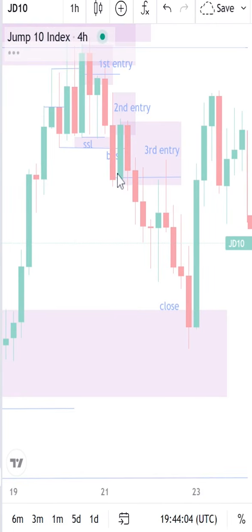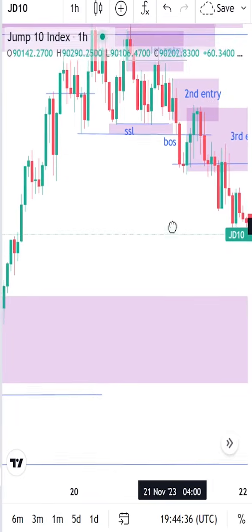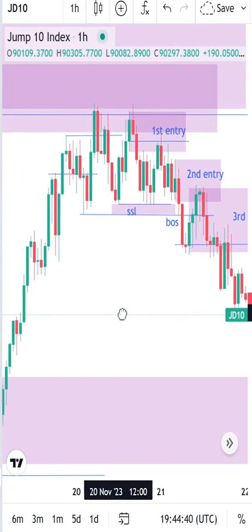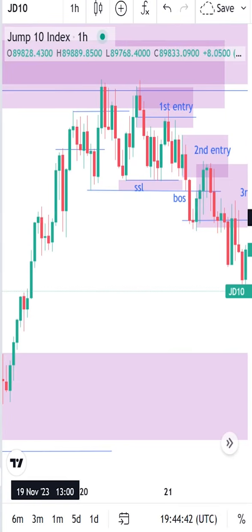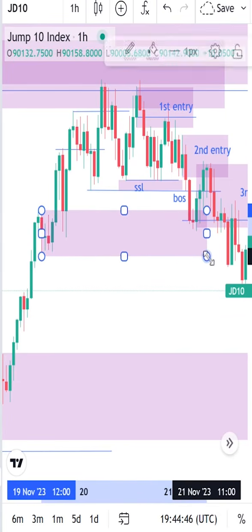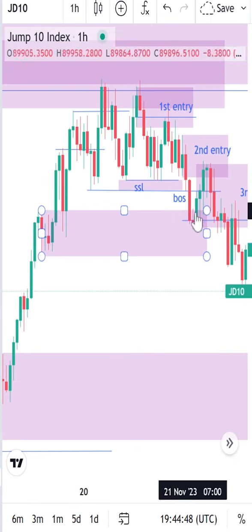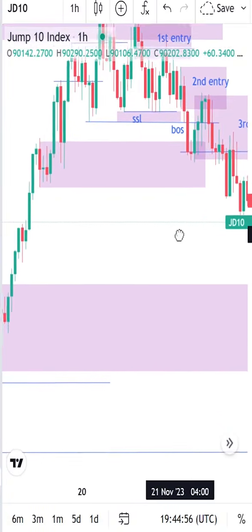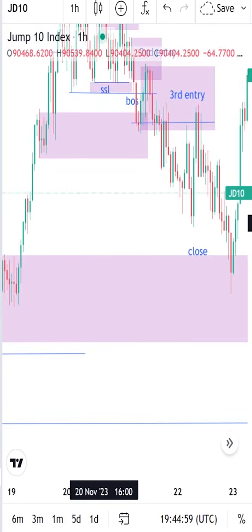Let me show you. Why is this chart taking so long to load? So using the last technique, maybe you would have exited right here, the one for entry and exit. You would have exited right at this point here, and then entered way more, the bigger size at your second entry, and then probably exited here again.